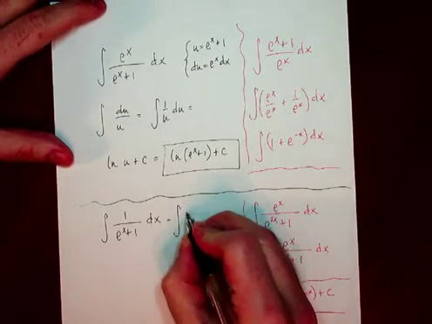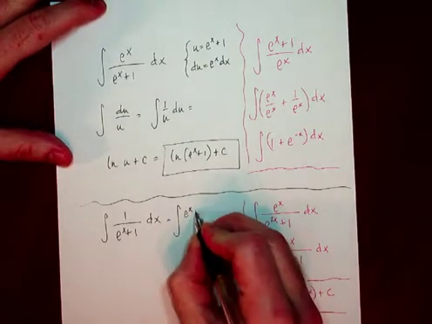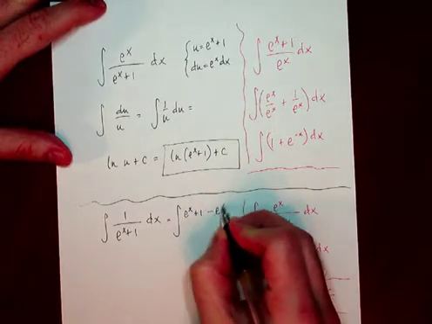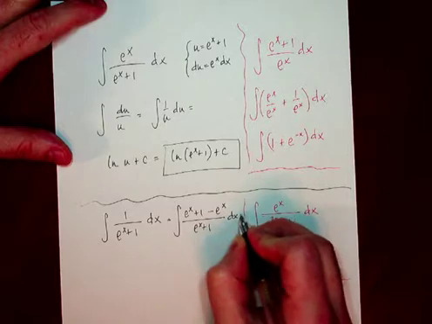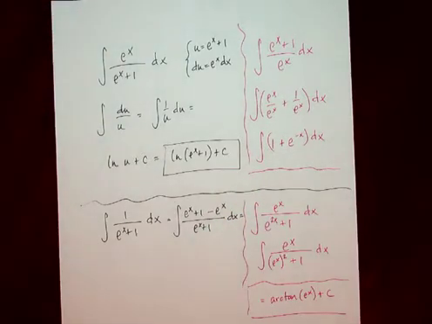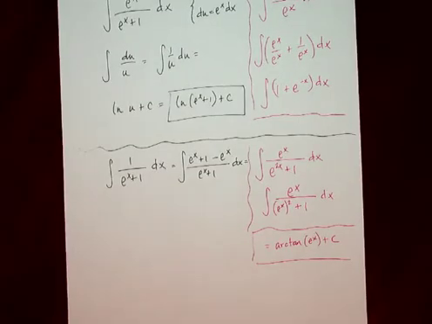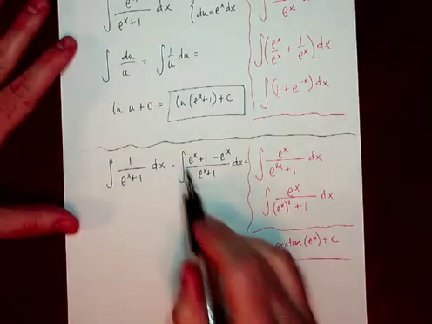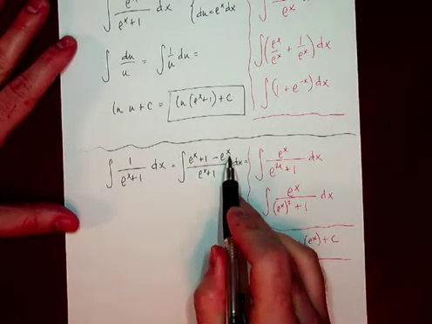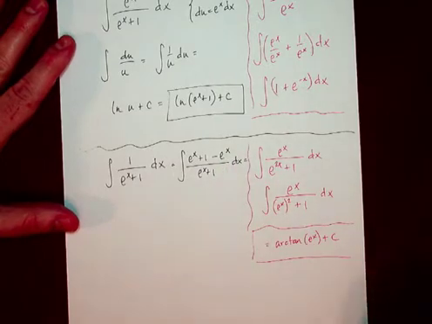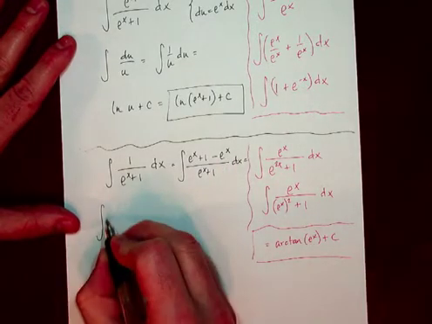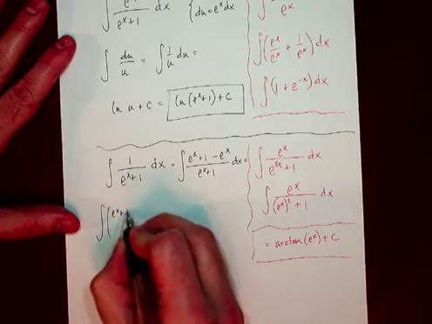If I add e^x and then subtract e^x in that numerator, I have not changed the value of that integrand, right? Because I've added a quantity and then I've subtracted it again. Now that I have it like this, I can now separate the fractions.